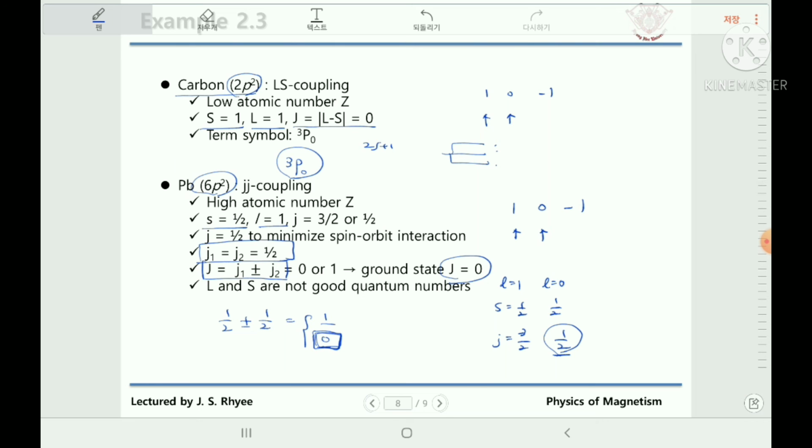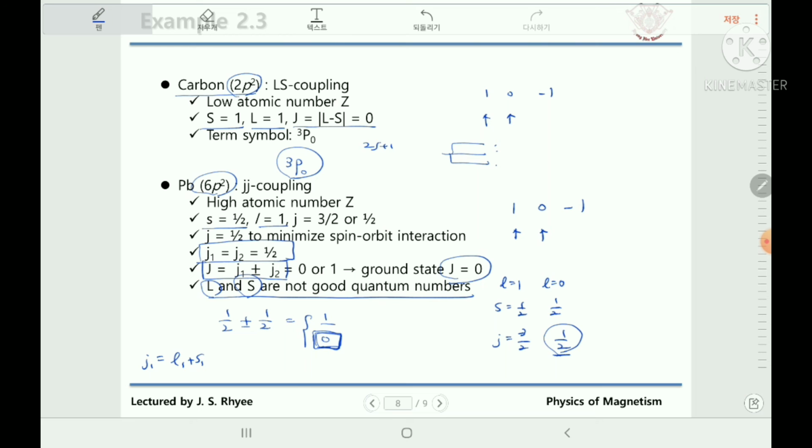And here, in this case, L and S are not good quantum numbers, because at first, the small l and s are coupled, only l1 plus s1 is conserved, like this, giving j1, and the total angular momentum and the total spin are not good quantum numbers.